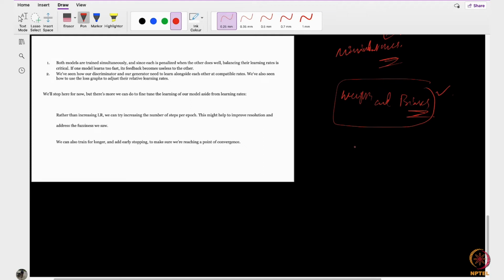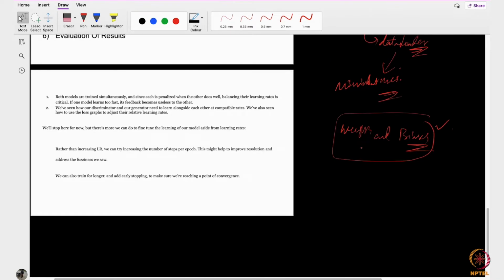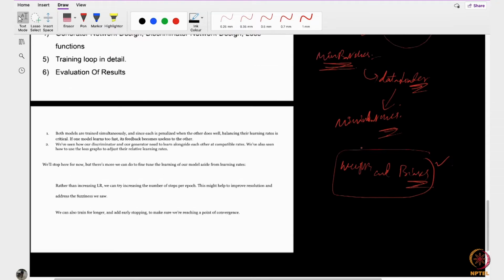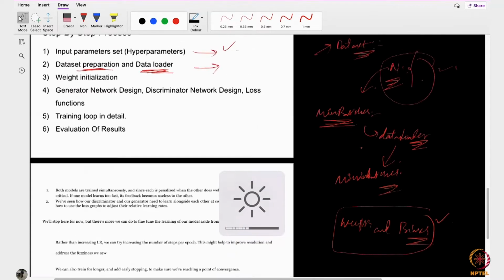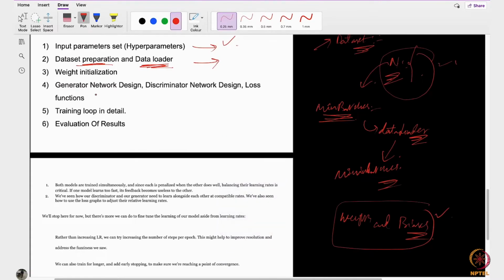But we will put some restrictions, like we will take these numbers from either some normal distribution or some particular probability distribution. That is up to us. But in the paper, they have used standard normal distribution only. The code which I will show you also uses the normal distribution only. Okay. Weight initialization.